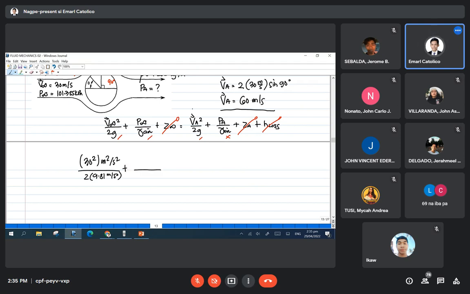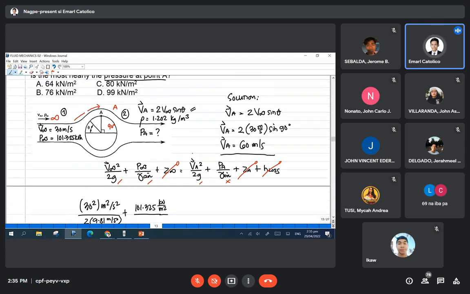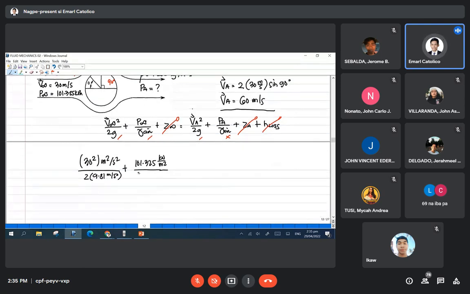P of infinity is atmospheric 101.325 kilonewton per meter squared divided by gamma ng air. So gagamitin mo dito yung density. Okay. So gamma ng air is density 1.202 times gravity, which is 9.81. Ang lalabas mo dito na unit ay Newton per cubic meters. So convert mo siya into kilonewton. So i-divide mo siya ng 1,000 Newton per kilonewton.